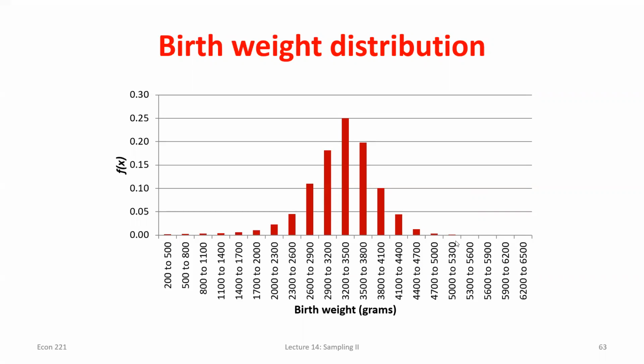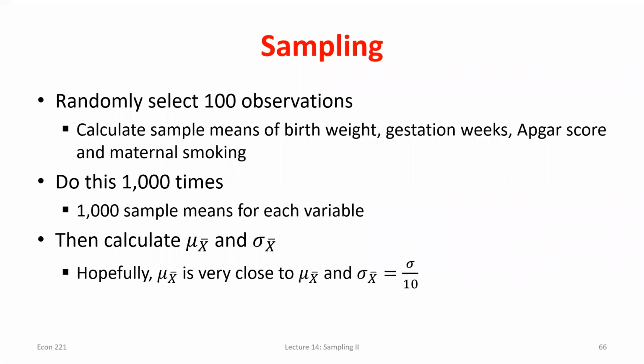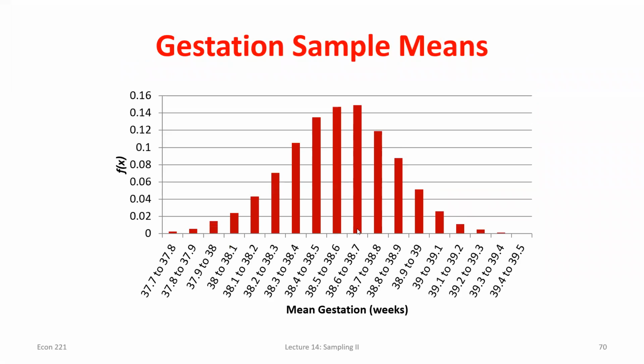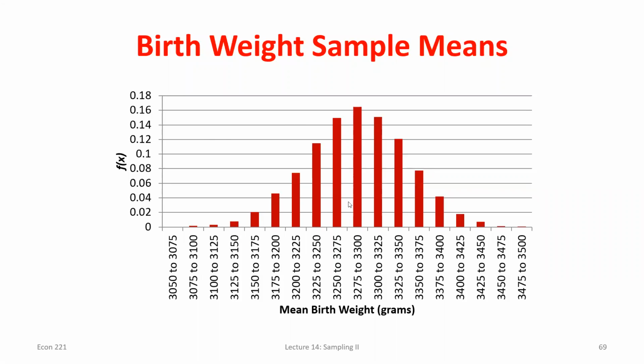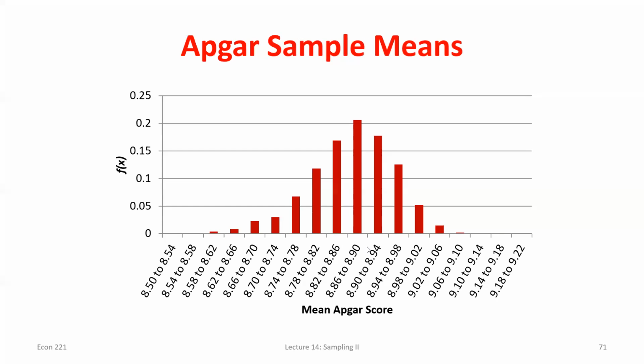So our sample means are going to have a much lower range, or the data isn't going to have as much variation, because the variance of our sample means is going to be lower than the original variance, since we're dividing by the sample size. So when we look at the distribution of those sample means for birth weight, we have a much tighter range of values. The same kind of thing holds for the length of the pregnancy. We see a much smaller range of values, and for this APGAR score, this health measure, okay?